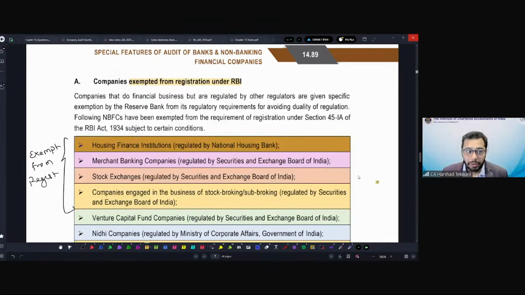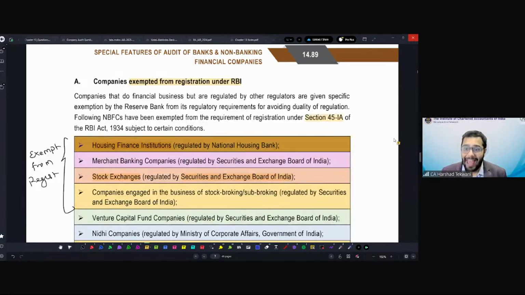For example, housing finance falls under the purview of the National Housing Bank, and stock exchanges are primarily governed by the Securities and Exchange Board of India. These fall under the definition of Section 45I and are eligible to be called NBFCs, but they are exempt from registration under Section 45 IA of the RBI Act.